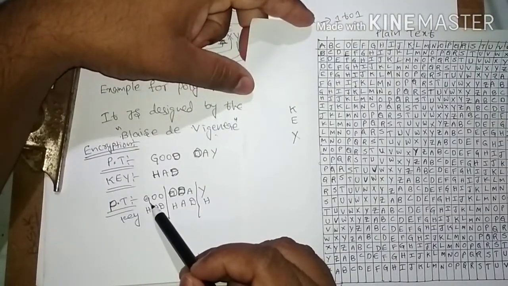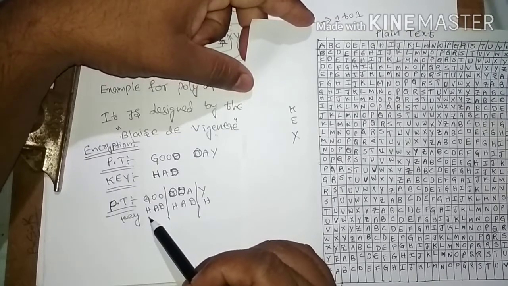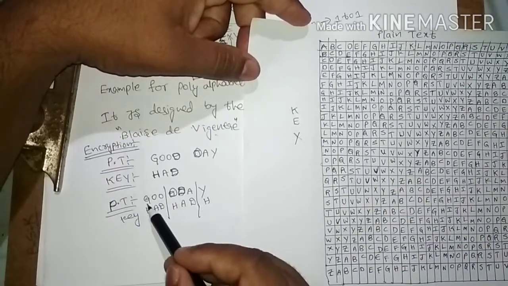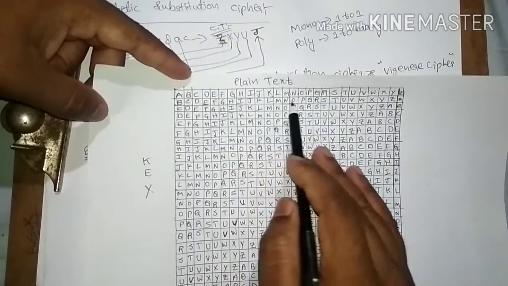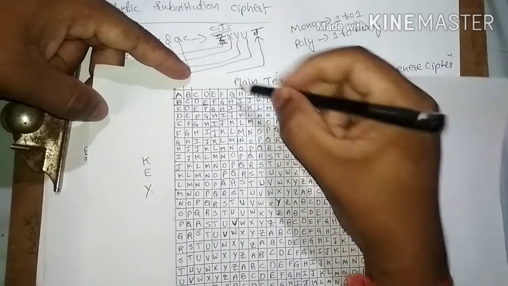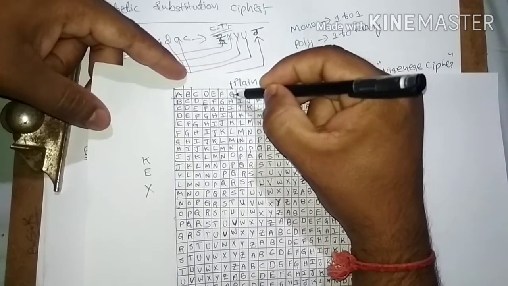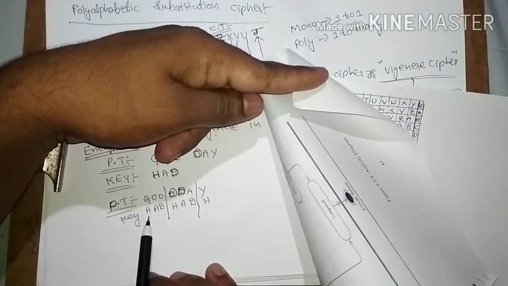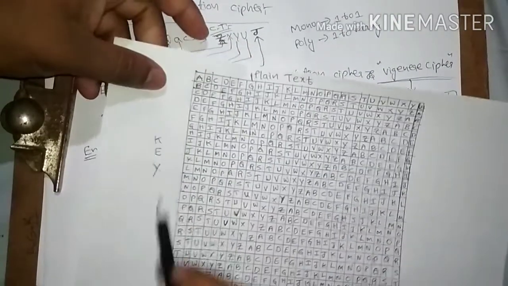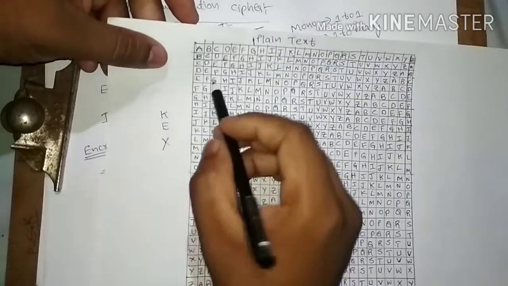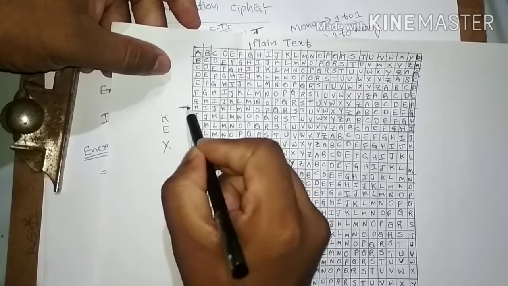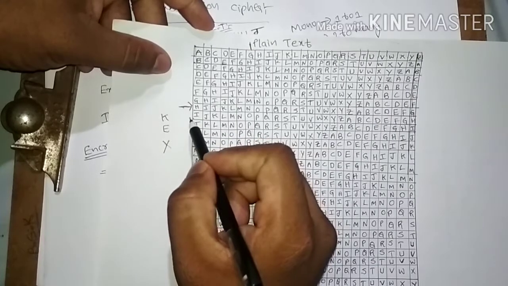Plain text is G, key is H. The intersection character in this table will give the ciphertext. Where is the G in plain text? G here. Next, key is H. Where is the H? This is the H. Is it visible to everyone?